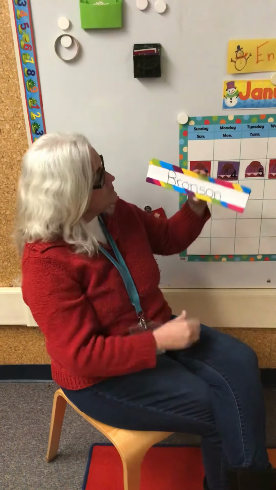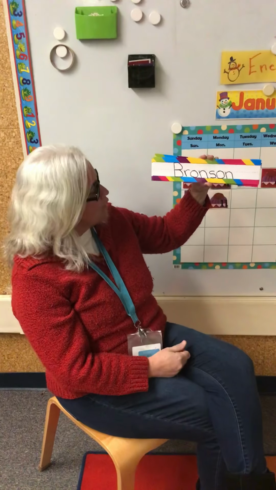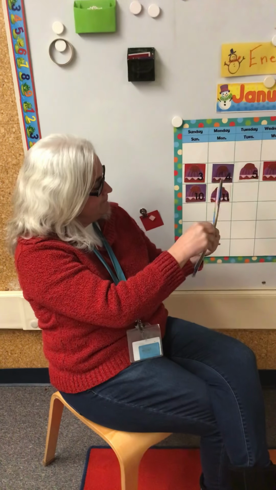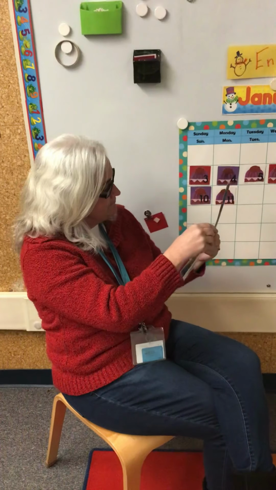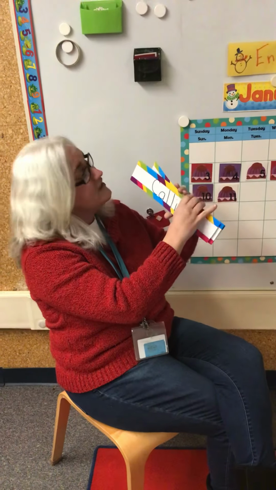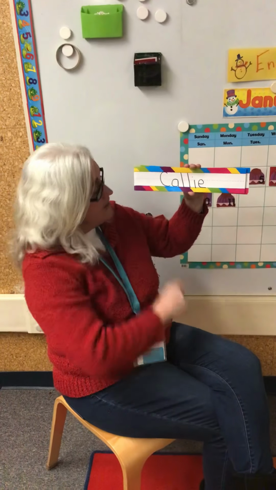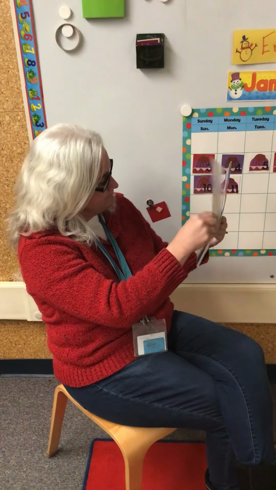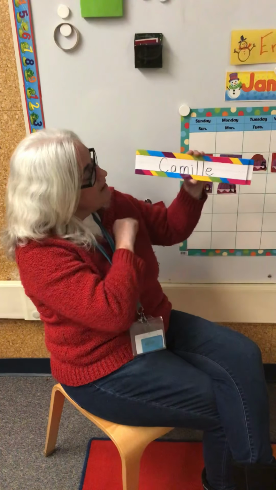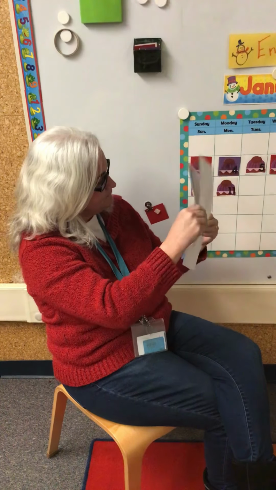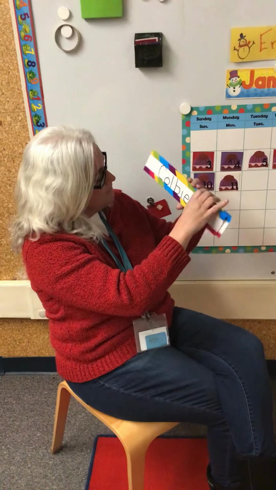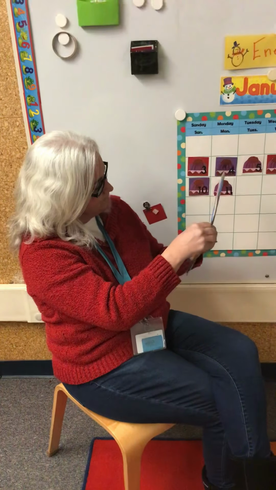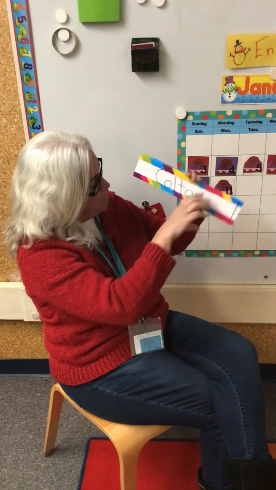We have a couple friends who start with B. We've got Bronson for B. We've got Bryson for B. And we move on to letter C. A, B, C. We have a lot of friends whose names start with C. Callie, Camille, Carter, Colby, and Colton.